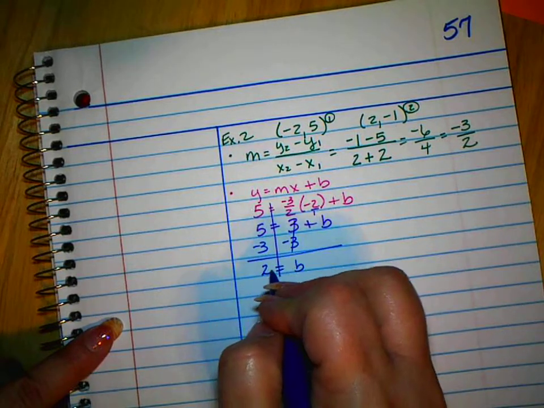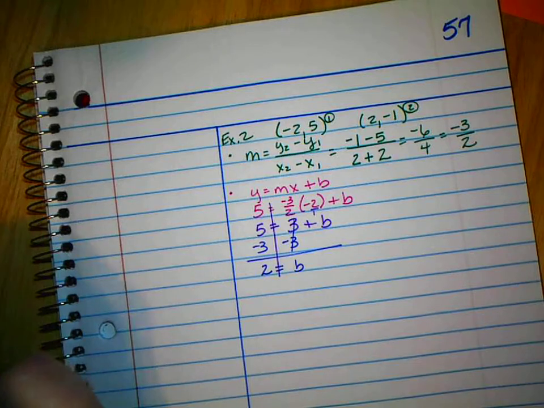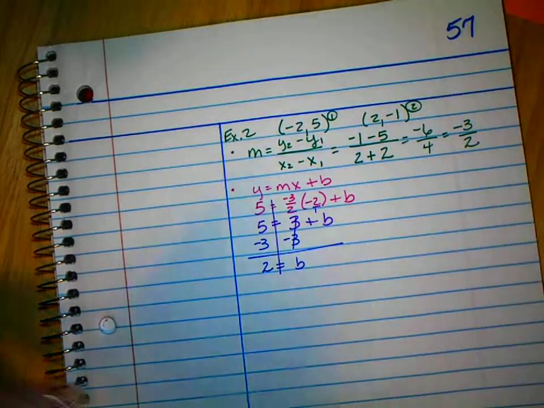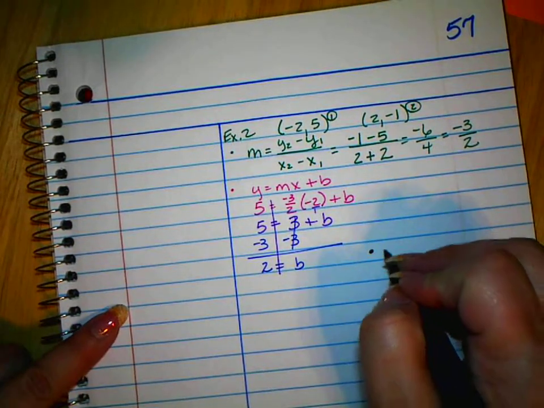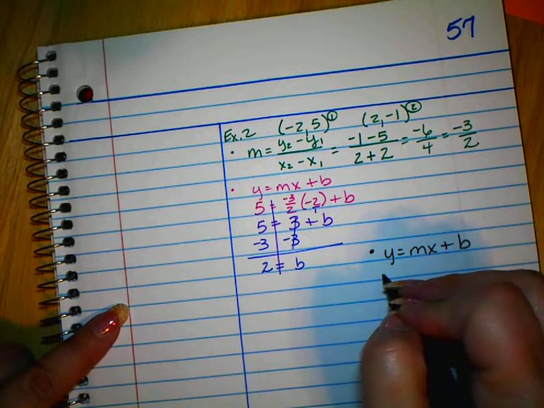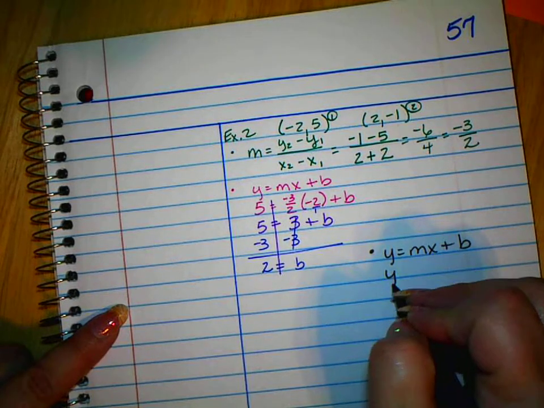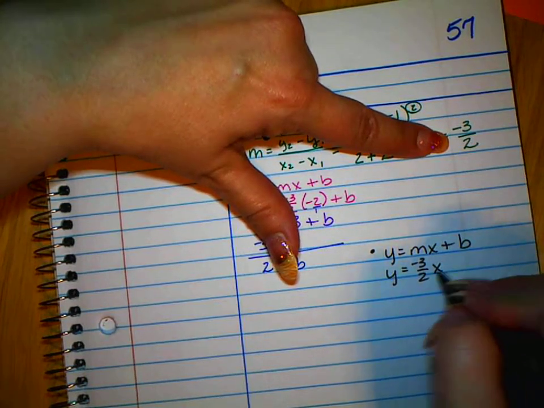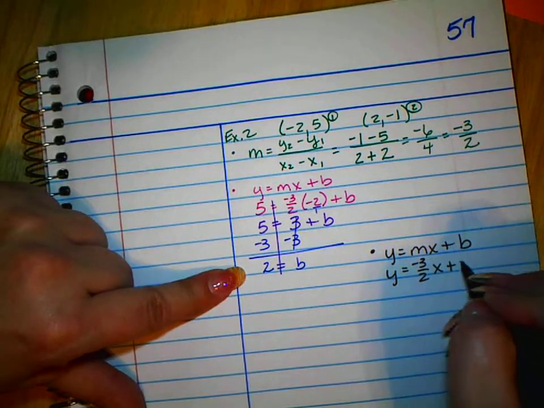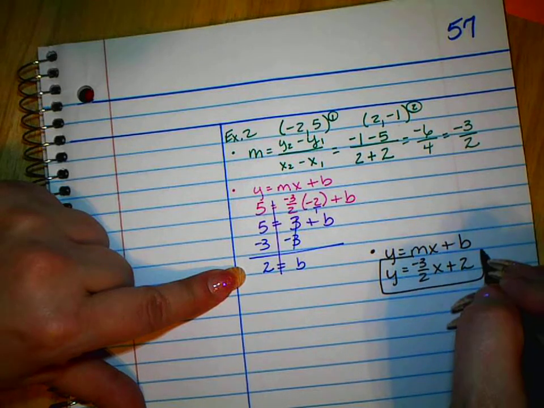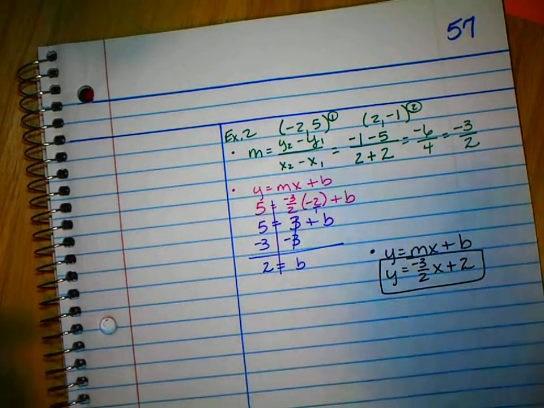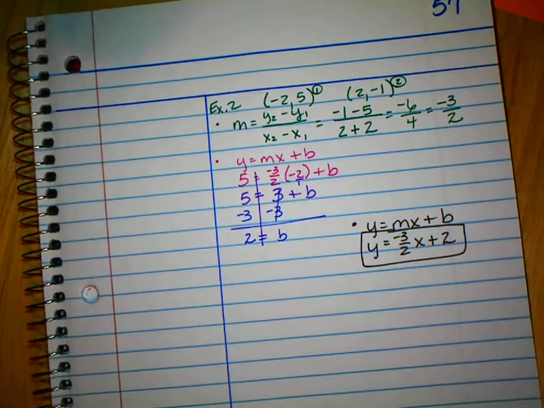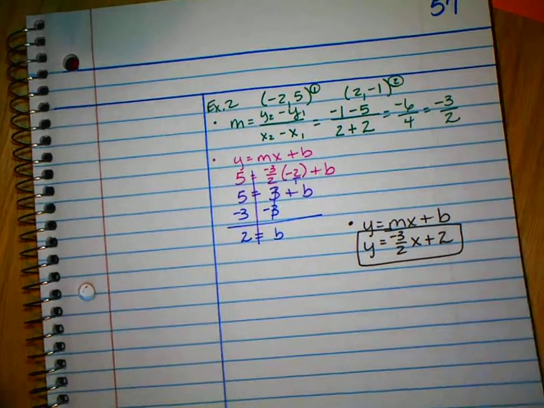B equals 2. So my equation is y equals my slope, negative 3/2 x plus 2. And we're just going to keep doing this type of process over and over.